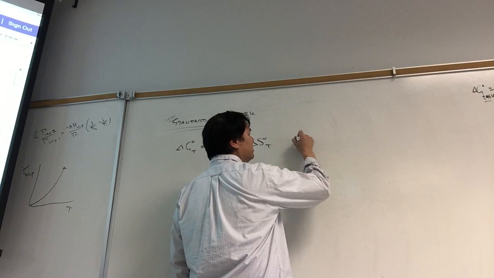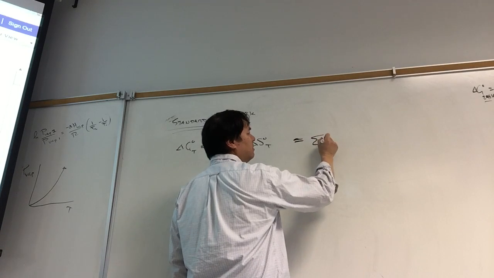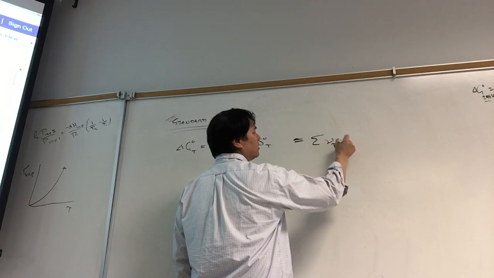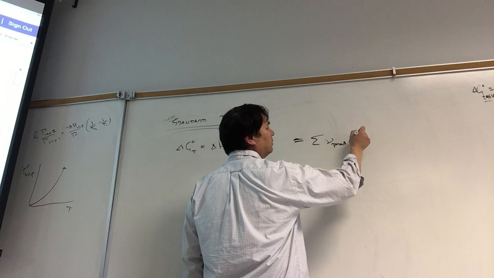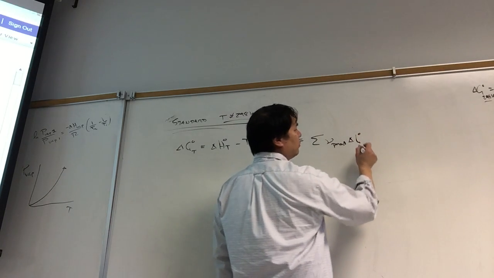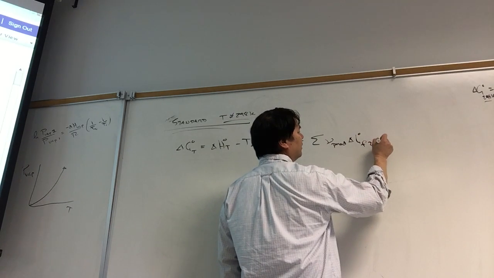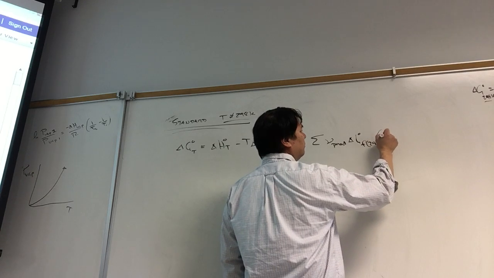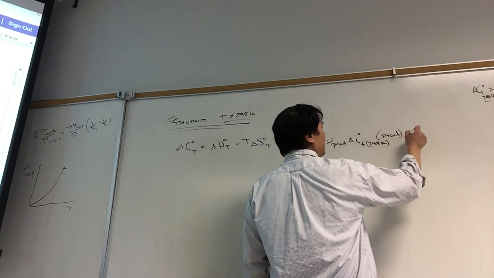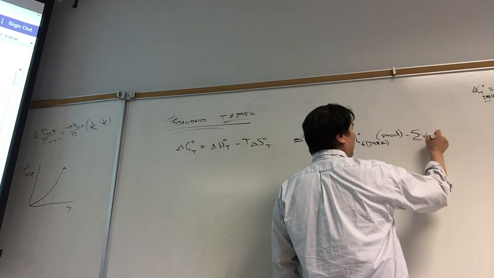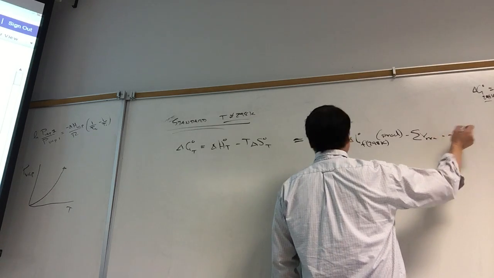The easiest way is, can we just say that this is going to be close enough to the sum of mu, the product, times delta G naught of formation at 298 Kelvin of the products minus the sum of mu, the reactants, dot, dot, dot.